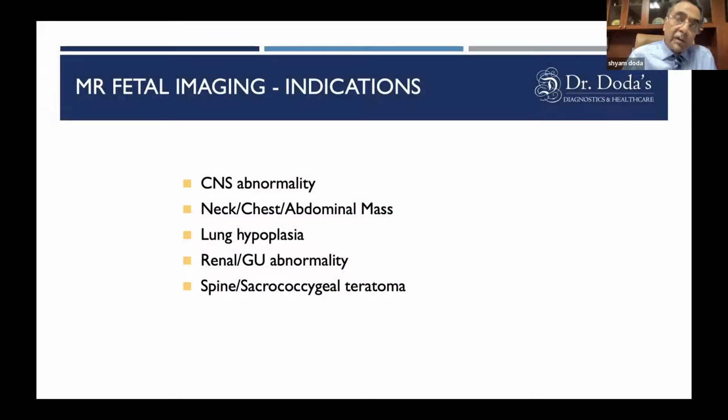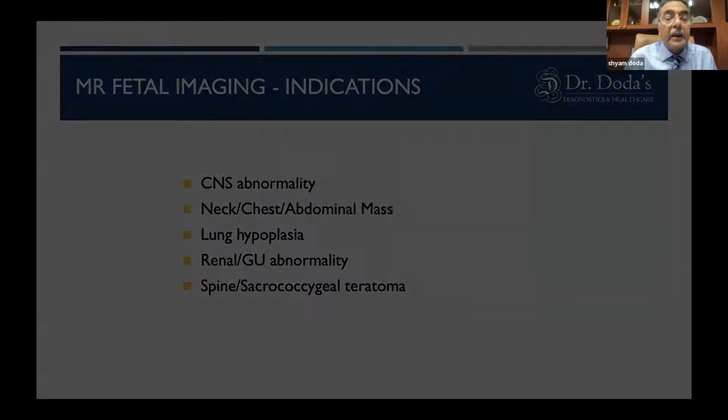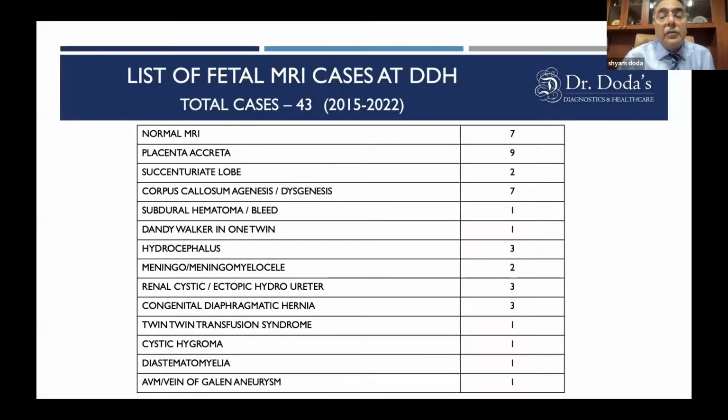MR has a role right from top to bottom, right from CNS, neck, chest, abdomen, lung hypoplasia, renal abnormalities, genitourinary abnormalities, and spine, of course. Now we have limited experience. I should say that in the last 5-6 years or so, we have seen about 43 cases.